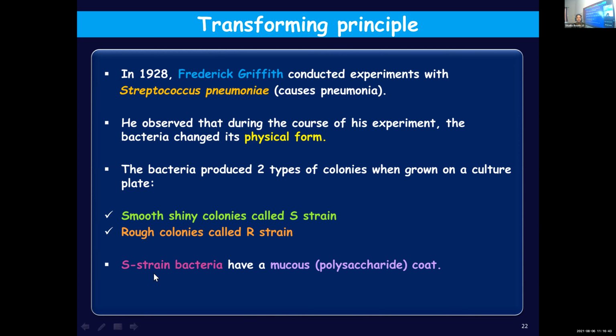This mucus coating was made of a polysaccharide, a carbohydrate. This mucus coat was absent in R strain, which made it very rough.